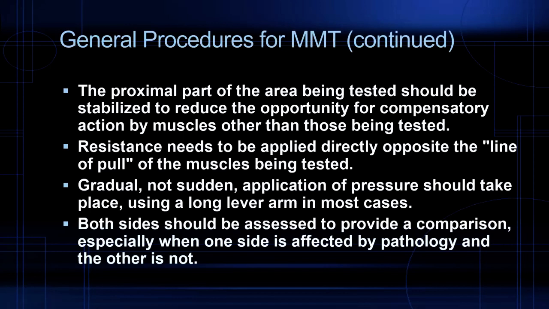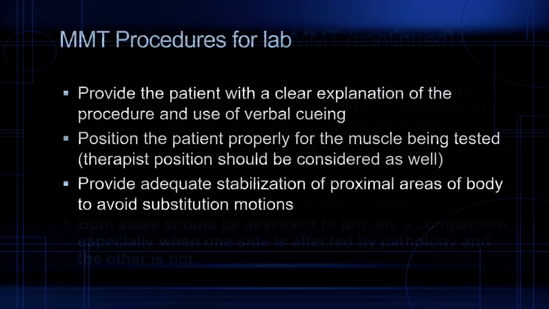And both sides, so bilaterally, you should assess their strength bilaterally so that you can provide a comparison and you know what is going to be considered functional for that patient. Especially you have to test bilaterally when one side is affected by pathology and the other side is not.